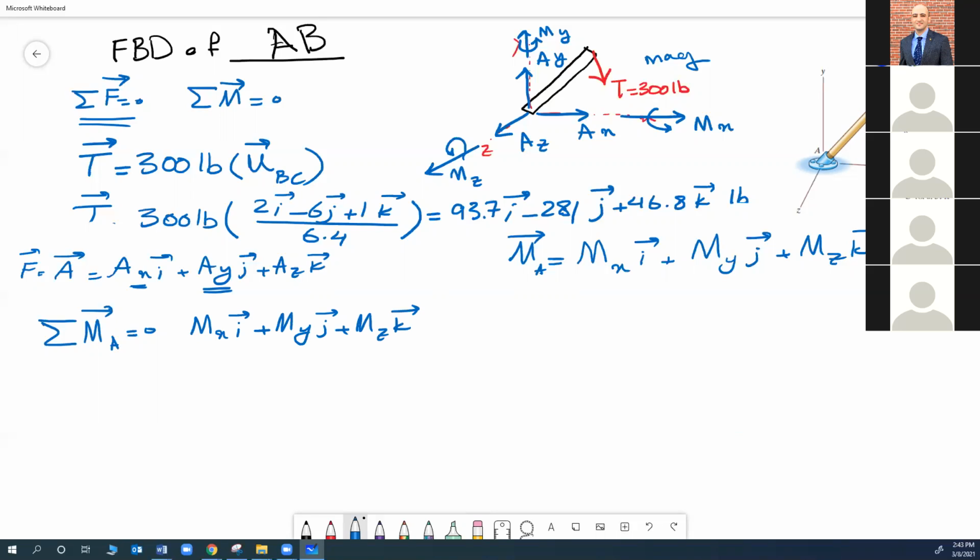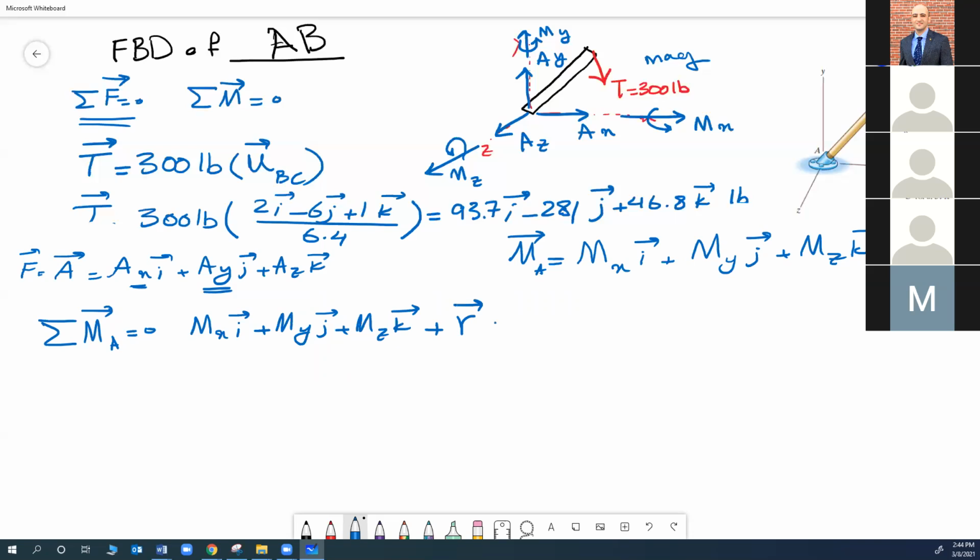What else do I have? What else creates moment about point A? Your tension. My tension, right? What is the moment of this tension about point A? R cross F, right?